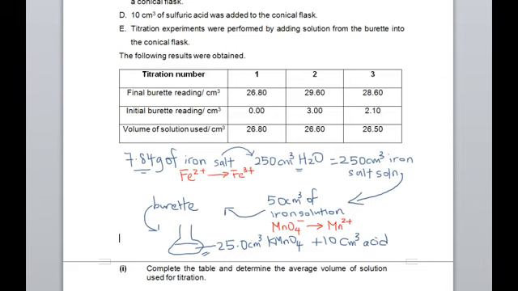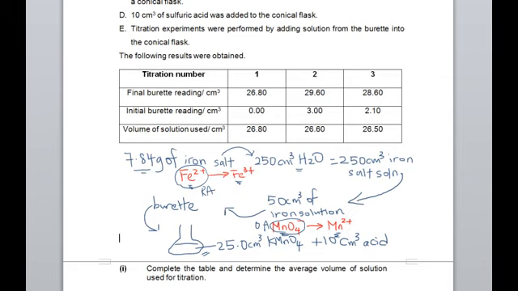So the KMnO4 is going to turn from purple into a colorless solution, and you are going to see the Fe2+ solution from the burette turn into a yellow solution of some sort inside the conical flask. The oxidizing agent in this case is MnO4-. Okay, this is the oxidizing agent, and the Fe2+ is the reducing agent.